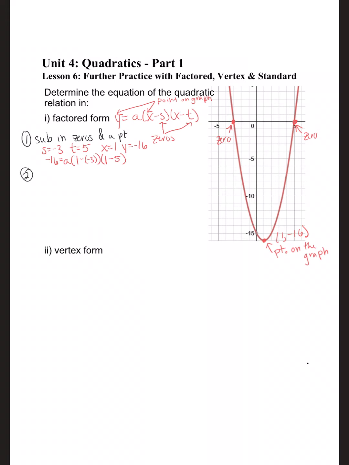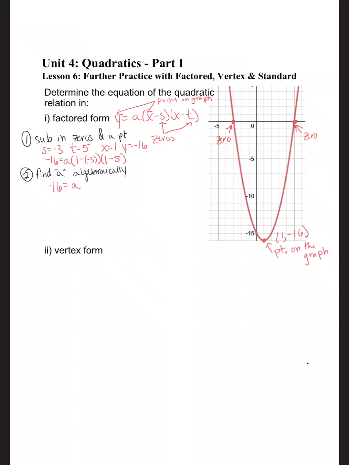Step 2 is we are going to find a algebraically. So we're going to use that equation we just came up with and we're going to start simplifying it to basically isolate a.